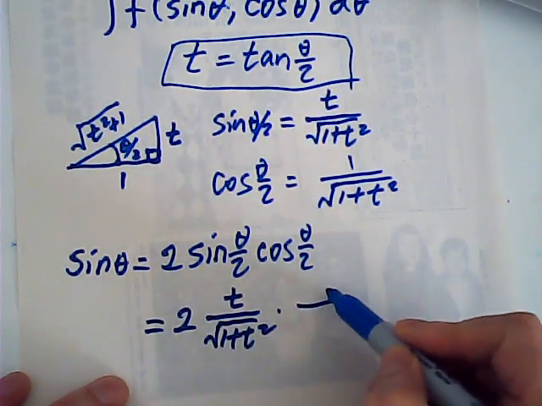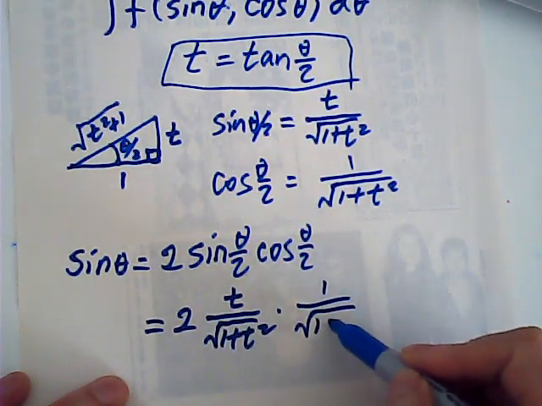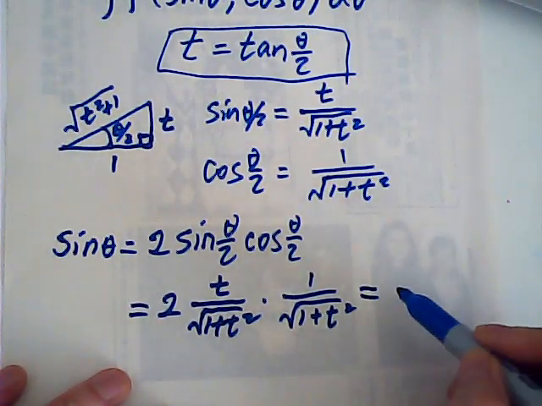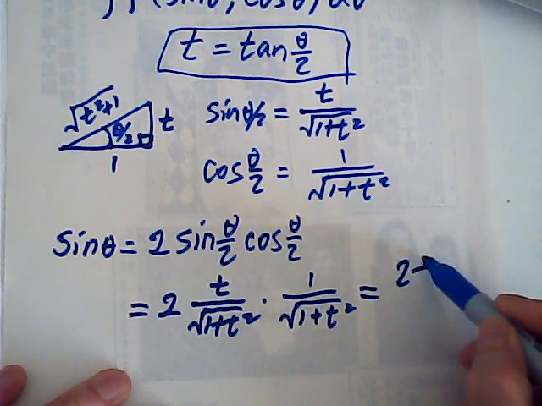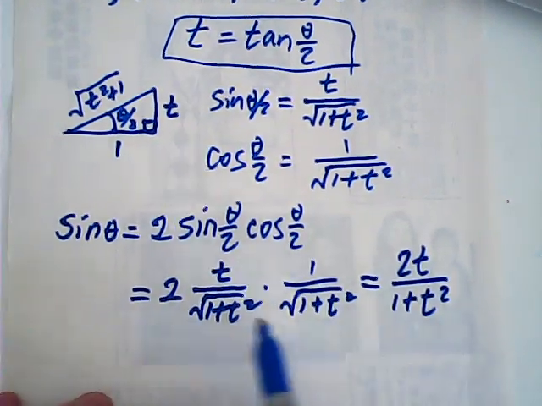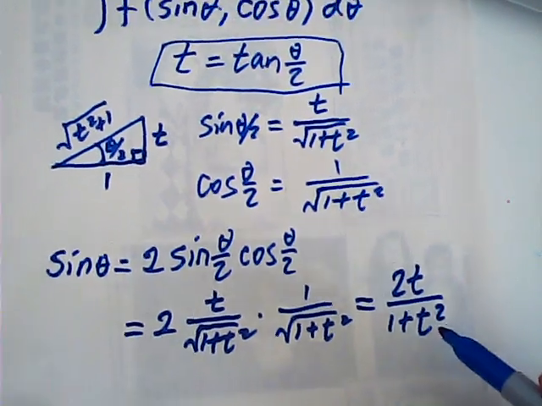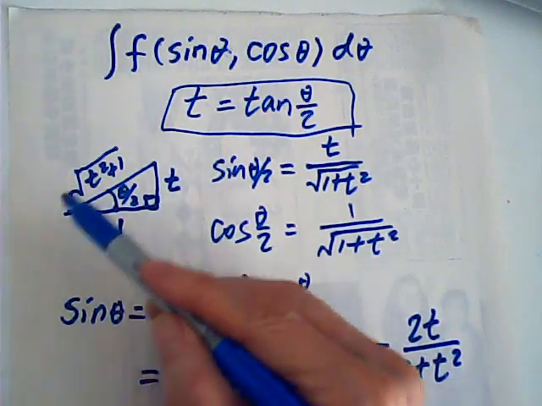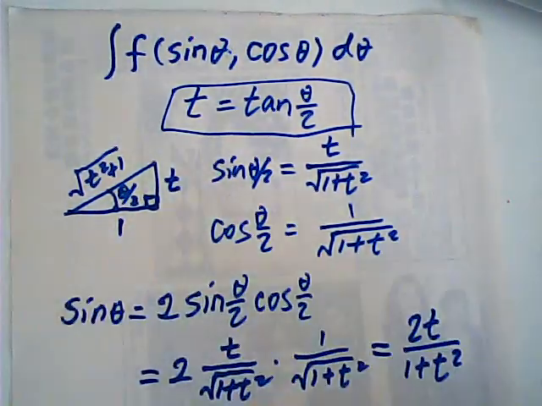So sine theta is 2t over 1 plus t squared. We don't have to memorize the formula, but rather we can derive it from the triangle.